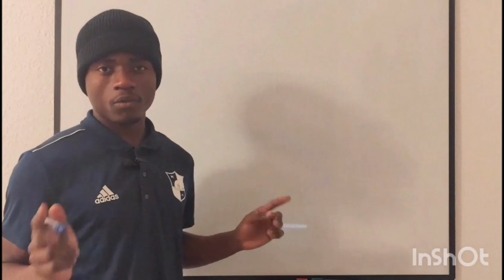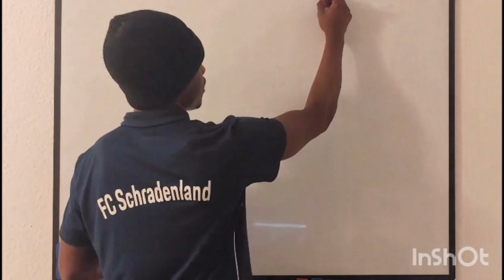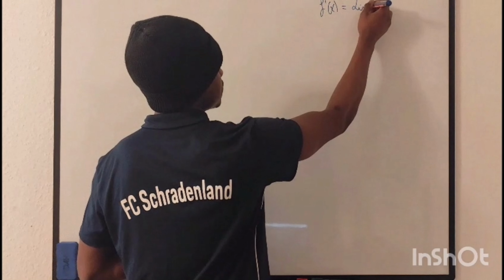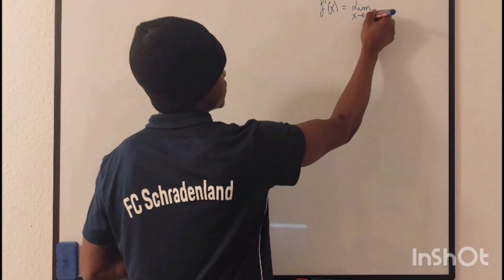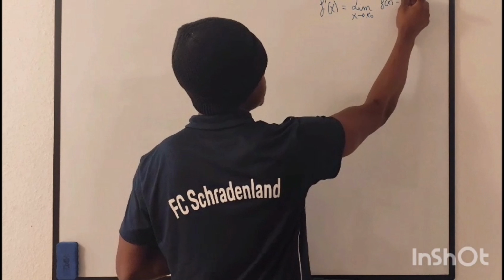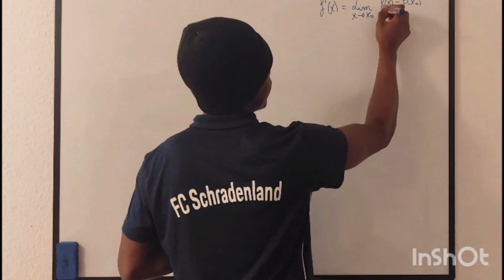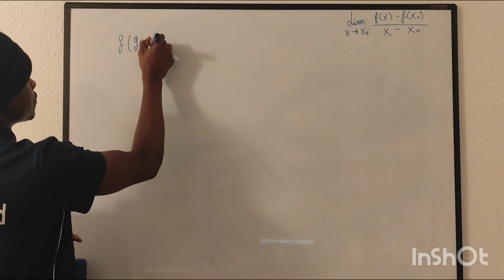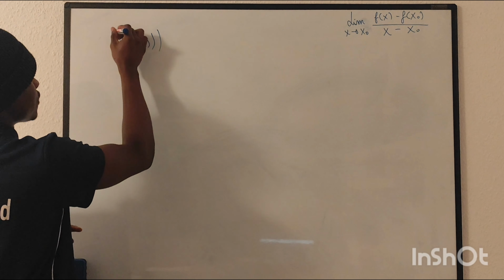Let's start. The formula for the derivative was f prime of x is the limit when x comes to x0 of f(x) minus f(x0) over x minus x0. Now consider f of g(x), and we want to find the derivative.